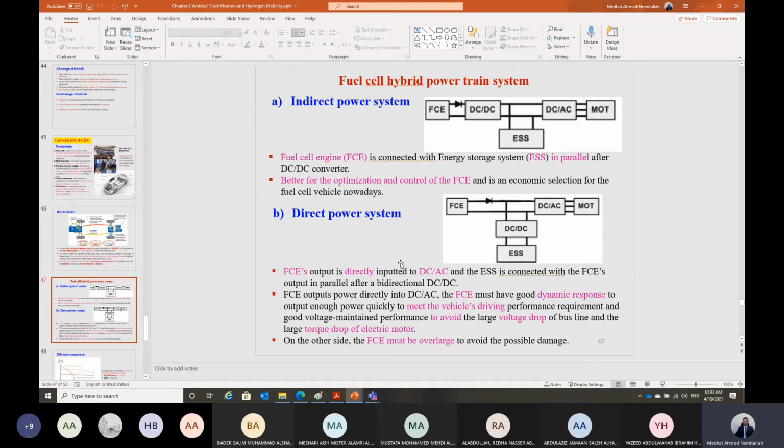Another design for the fuel cell with the powertrain system: the fuel cell can be used to send its electrical power output directly to the controller. But this is in the case of a large, powerful fuel cell, which can produce high voltage.